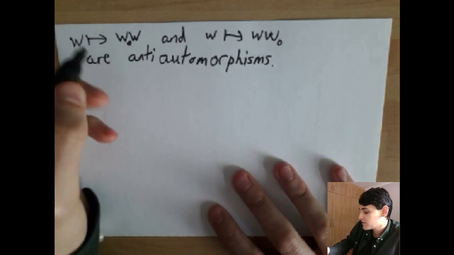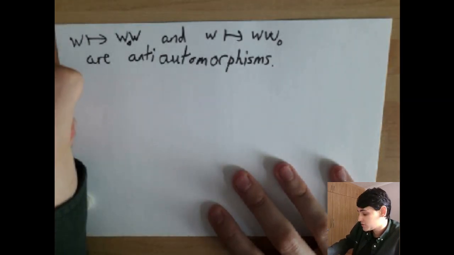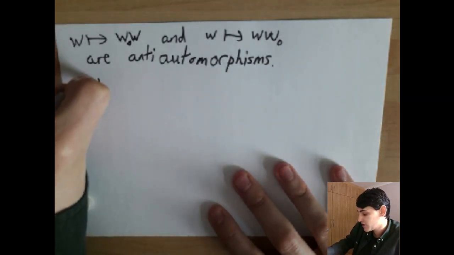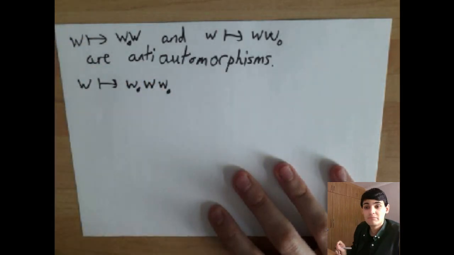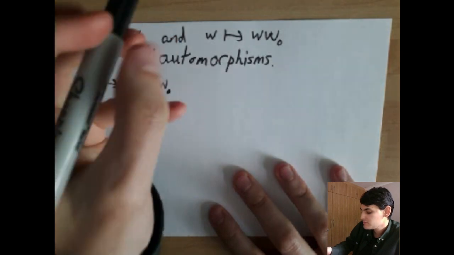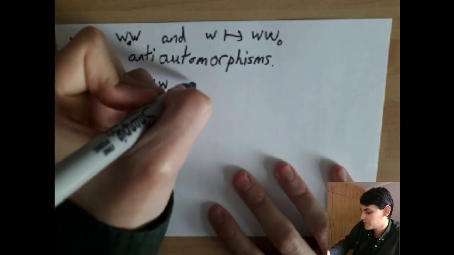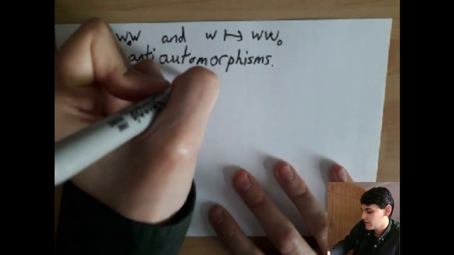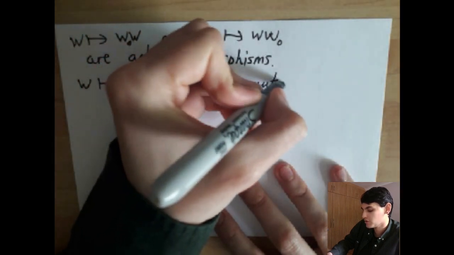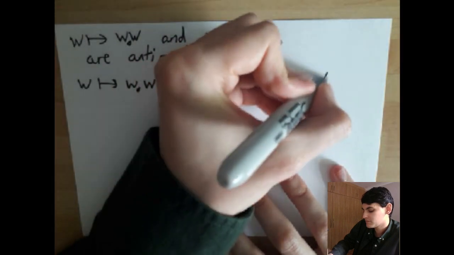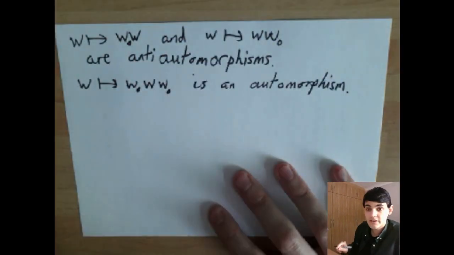And similarly to the Bruhat order, if you conjugate by W naught, this maximal element, then this is a normal automorphism.